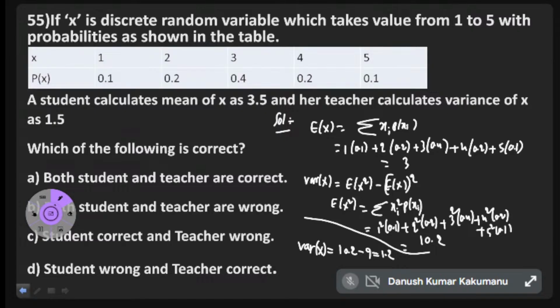Both are wrong. Both are lazy fellows. Student wrong means at least the teacher should be correct, na? Right. So this type of questions are 2 marks bits, definite type of questions, expectations.